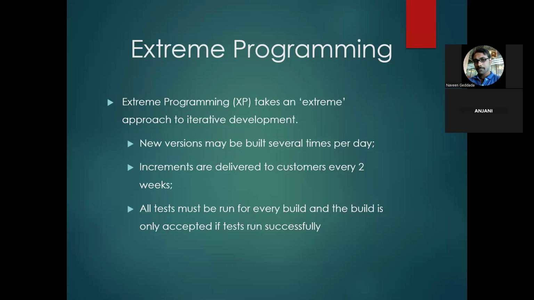You are versioning the user task or the story that has been released. That is nothing but we can have multiple new versions built several times per day. Day in the sense that here we are assuming that our story points have been assigned as 5 days, which is nothing but 40 hours.